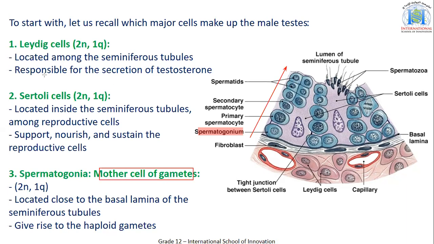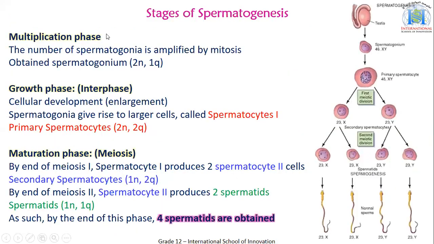Now, how does spermatogenesis happen? First, we start with a multiplication phase. Here we mean mitosis. By mitosis, the number of spermatogonia increases. But these spermatogonia still have 2N chromosomes with one chromatid.